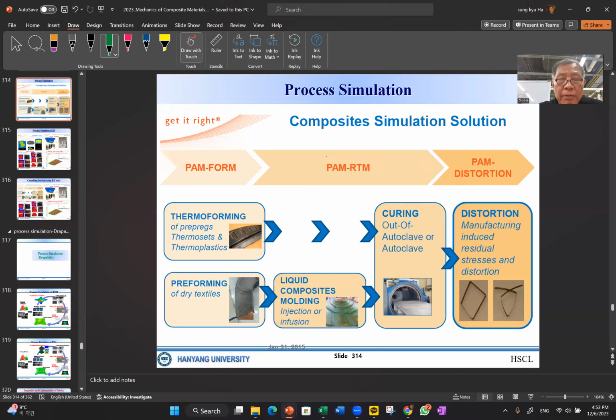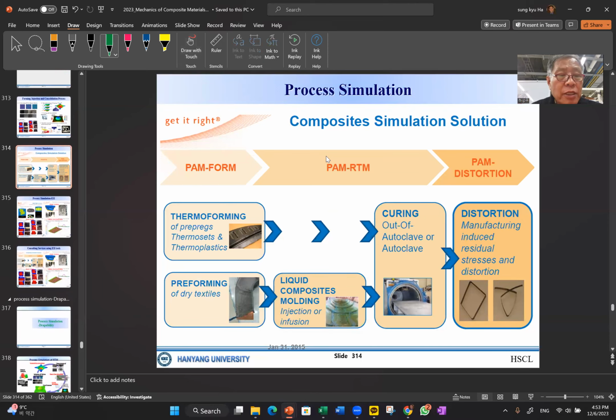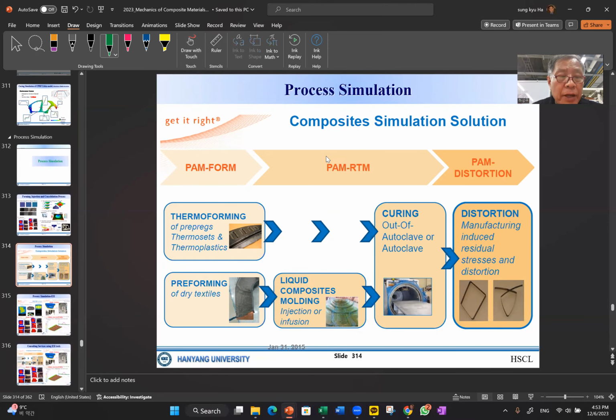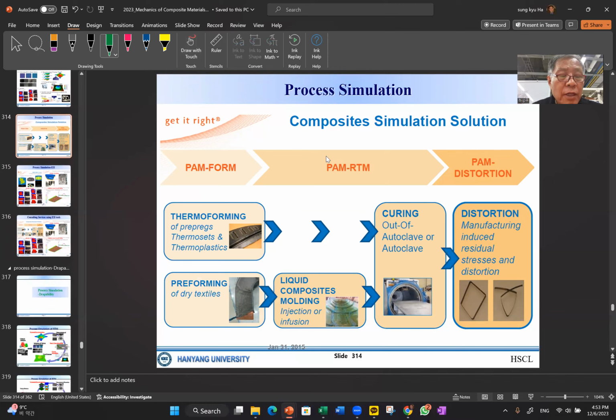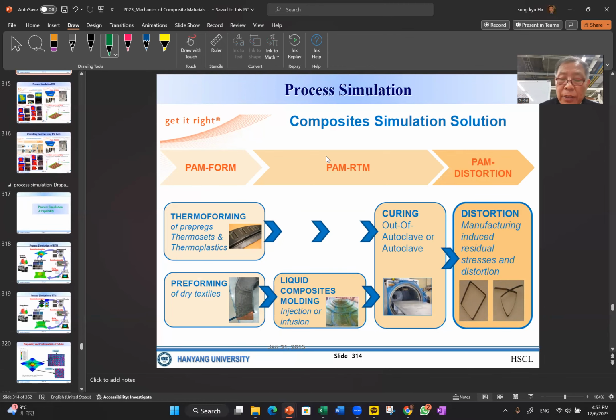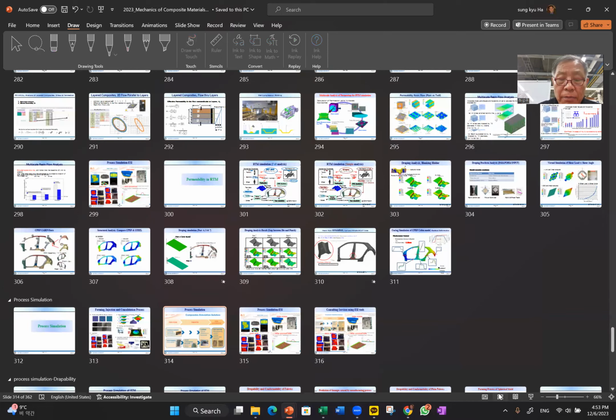PAM RTM or infusion is where the resin will flow, and then curing, you will have a cured structure distortion, and finally you can observe what the shape will be. So understanding this process simulation is very critical. You can do all the processes using PAM Composite, which is very useful to simulate the behavior of the manufacturing process of composites.